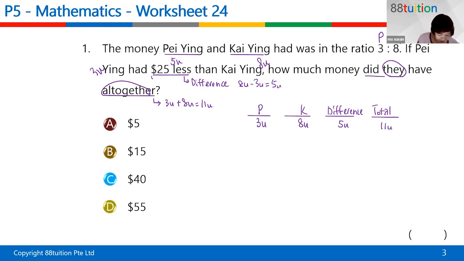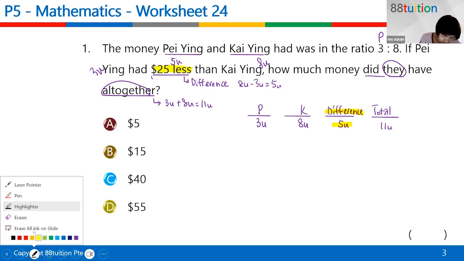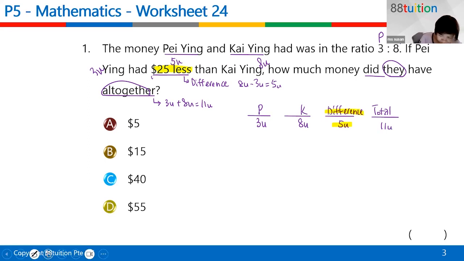So what is the $25 here will refer to, if you see my highlight, $25 less will refer to the difference. Okay. So 5 units will give you $25. So 1 unit itself will be $5.